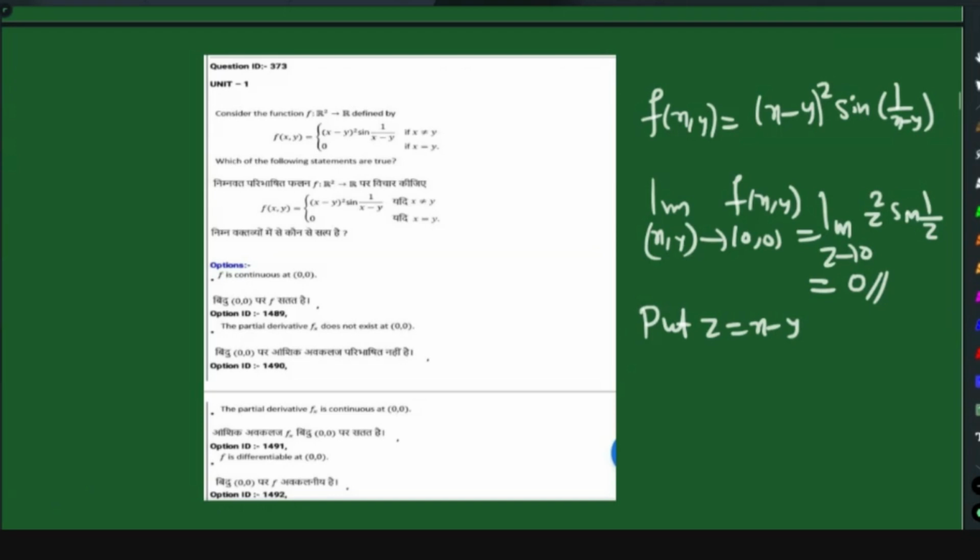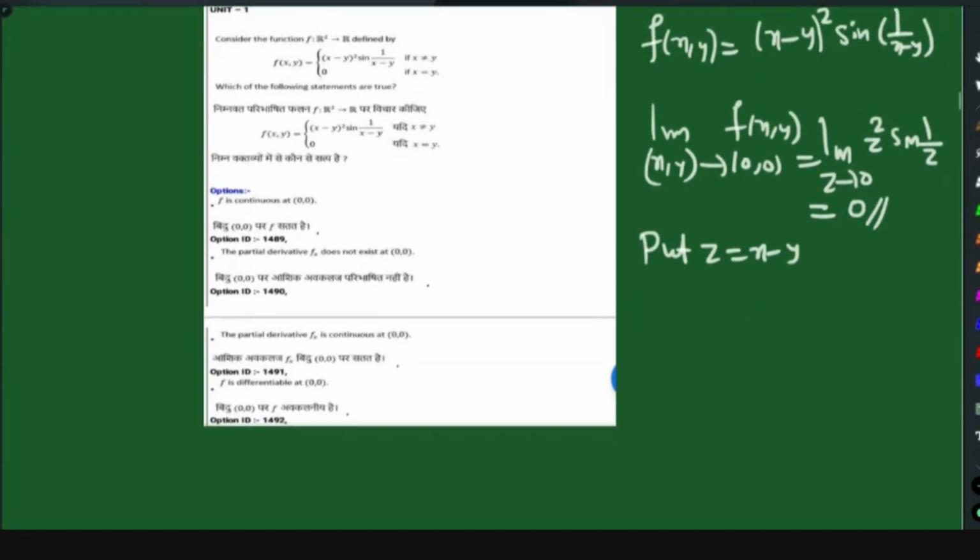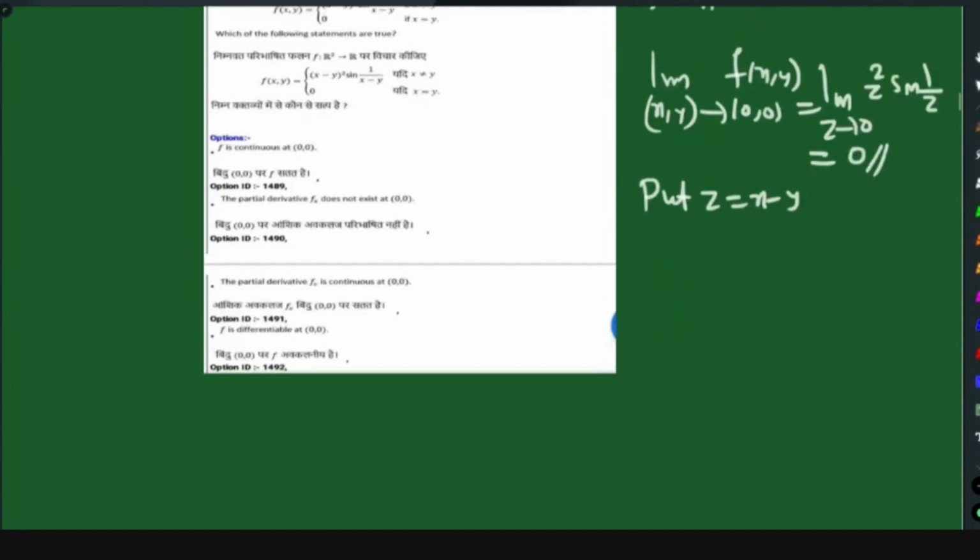So what about the partial derivative? Just check it. The second option is the partial derivative fx does not exist at 0, 0. Okay. So let me look at the partial derivatives. So you just compute. I can do it here.